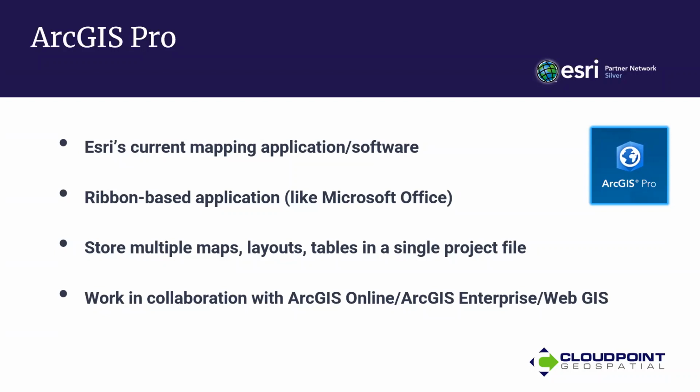And you can also store multiple maps or layouts in a single project file. Also with ArcGIS Pro, you can work in easy collaboration with ArcGIS Online and ArcGIS Enterprise. Pro seamlessly contributes to the WebGIS experience.